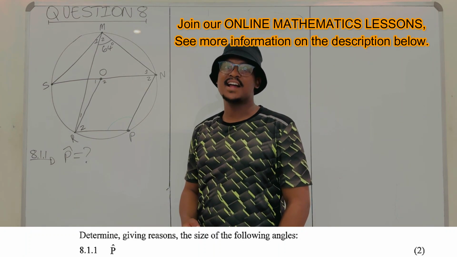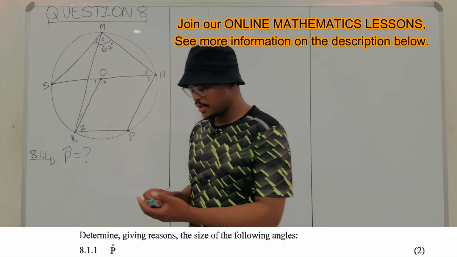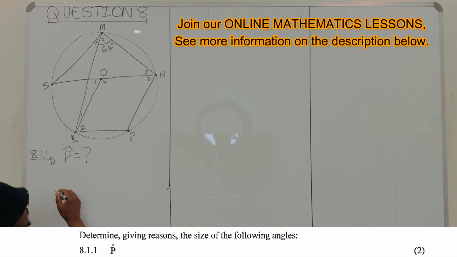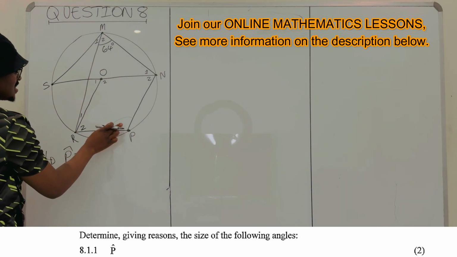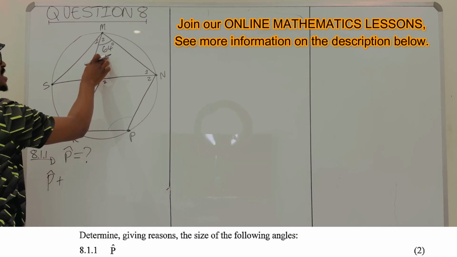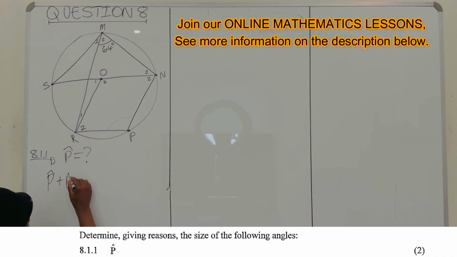So in this case, if we take our angle P and add it with the opposite interior angle of the cyclic quadrilateral, which is M2, we'll get 180 degrees.